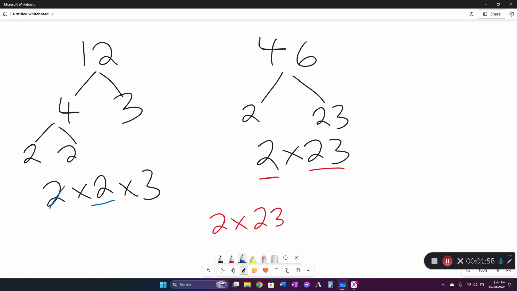We don't have this 2. And we don't have this 3. So when you multiply all that out, it comes to 276. So the lowest common multiple of 12 and 46 is 276.